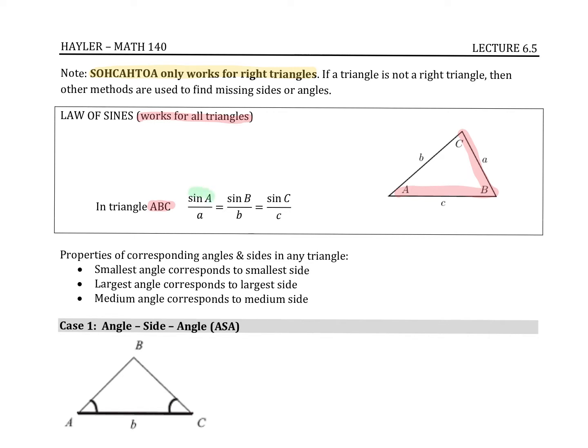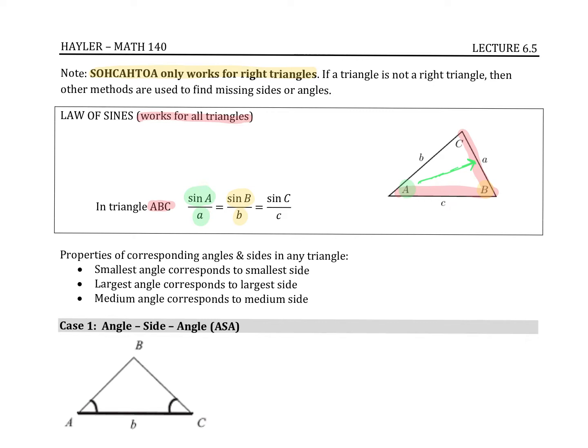The ratio sine of A, where capital A is the angle, divided by side A, the side directly across from that angle, is equal to sine of angle B divided by side lowercase b.